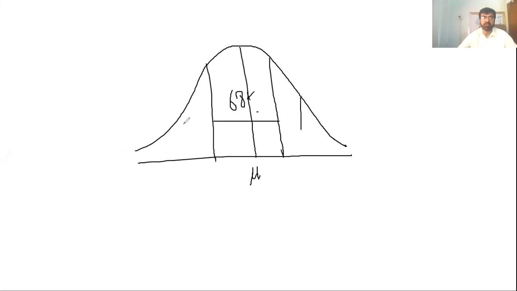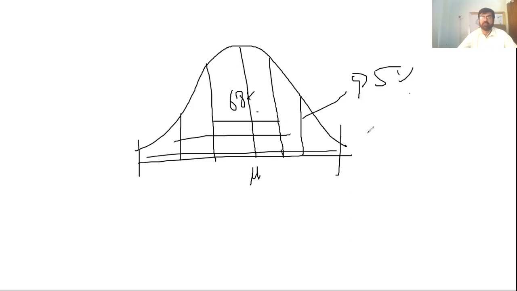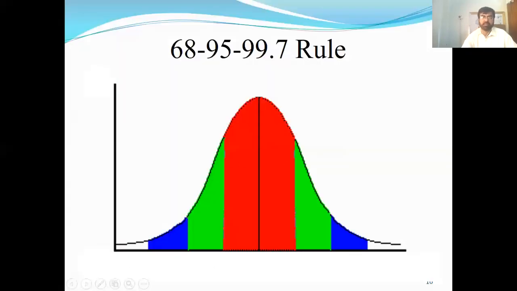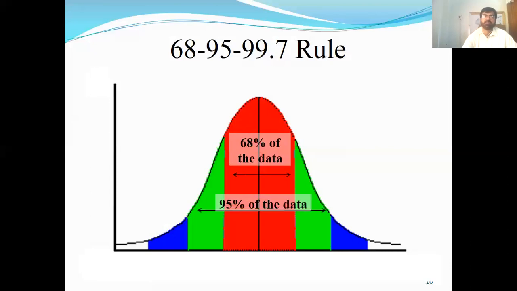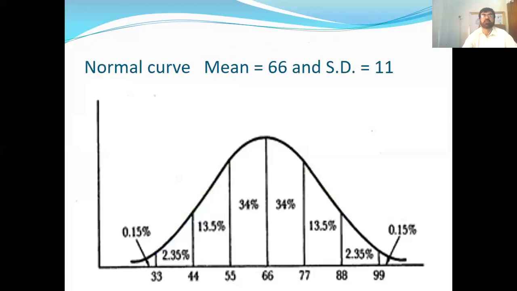At 2 standard deviations, that will cover 95% of the area, and at 3 standard deviations, it will cover 99.7% of the area. And if values fall in the rest of the area over here, they are said to be outliers. This is further explanation: 68%, 95%, and 99%.